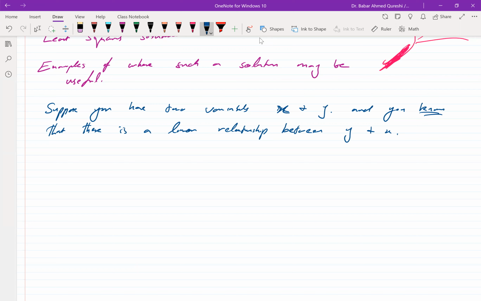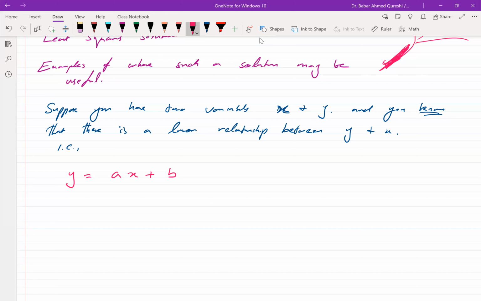That means y is proportional to x, and there may be an offset like this. So y is linearly related to x. It's a relation which is known to you. Someone tells you that these two variables behave in this way. They're linearly related.